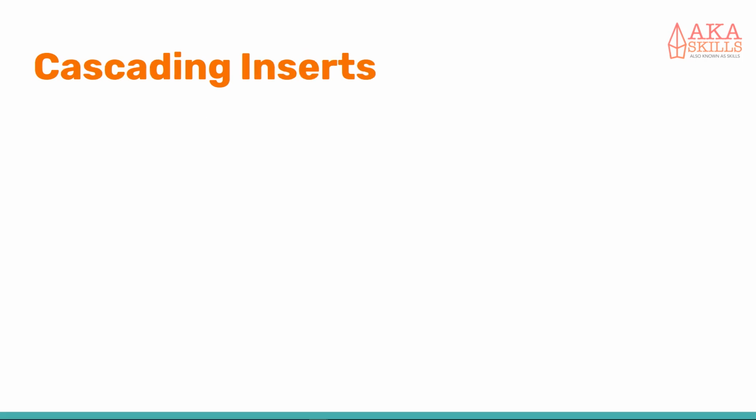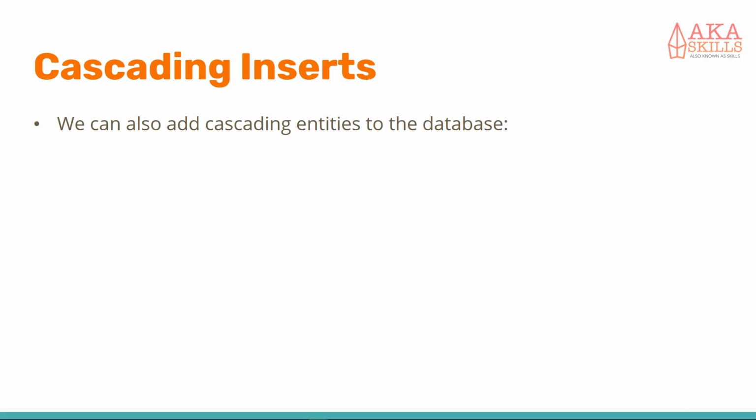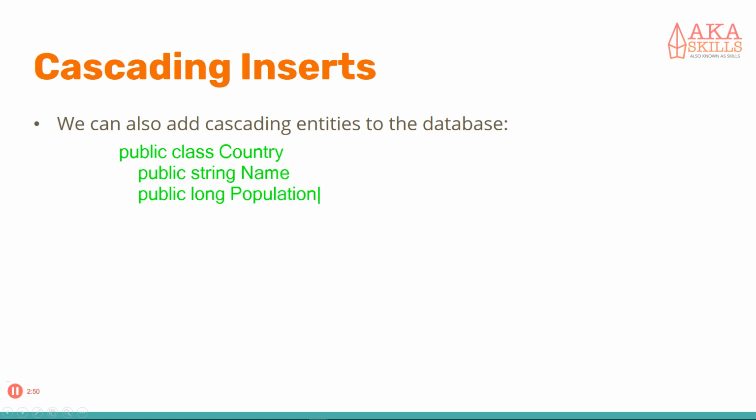So we have cascading inserts. Basically, we can also add cascading entities to the database. What does it mean? Let's assume that we have some public class Country. This country has a public string Name. After that we got a public, let's say, long Population.